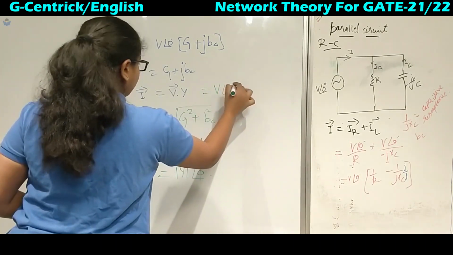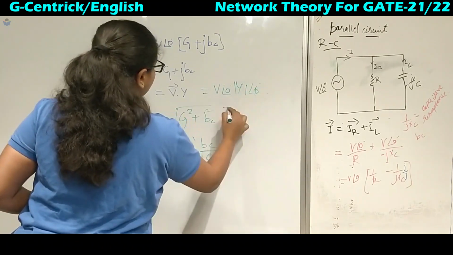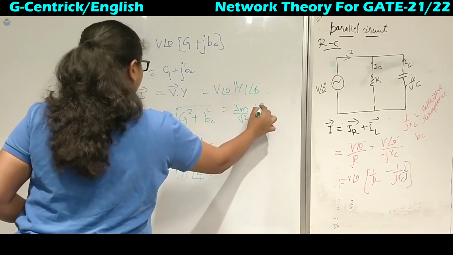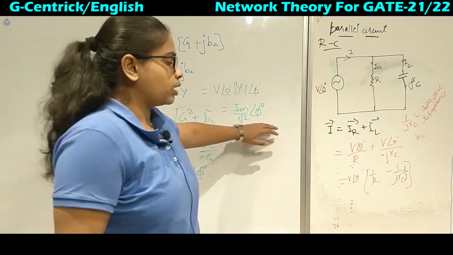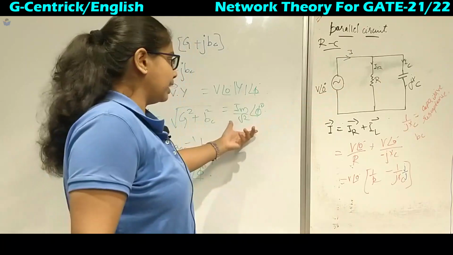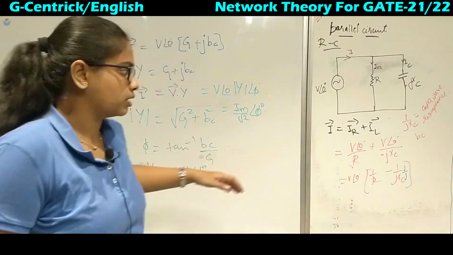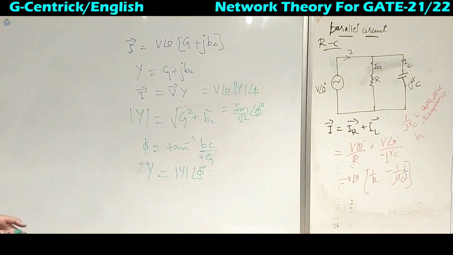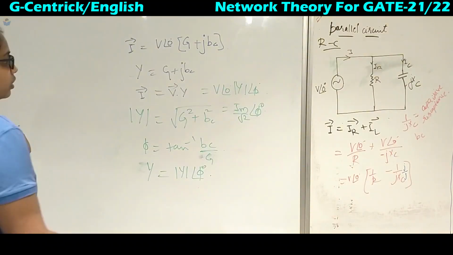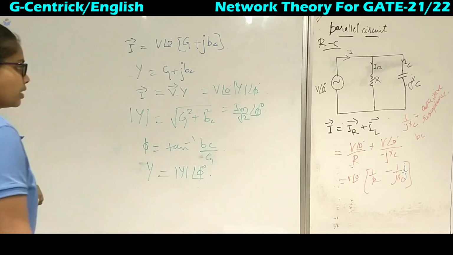So this is V angle 0 degree, then we have got magnitude of Y angle phi degree. So this is Im by root 2 in terms of RMS, positive phi degree. So when we are getting positive phi, what it means is that capacitor has the current leading with respect to voltage by this much of the angle phi degrees. Now again the instantaneous power will be same, Vrms Irms into cos phi. Then we have got reactive power Vrms Irms into sin phi.